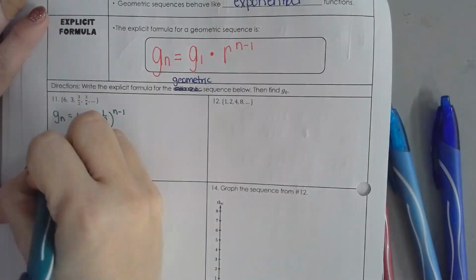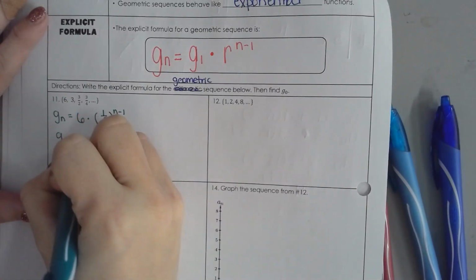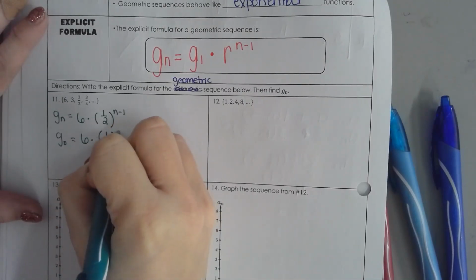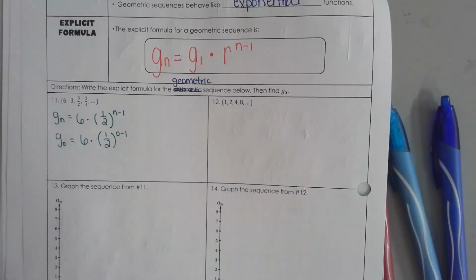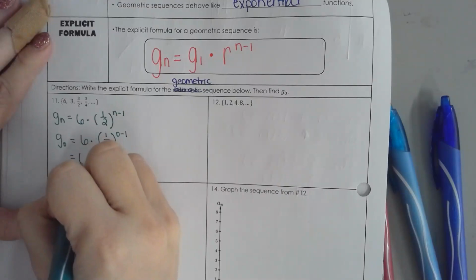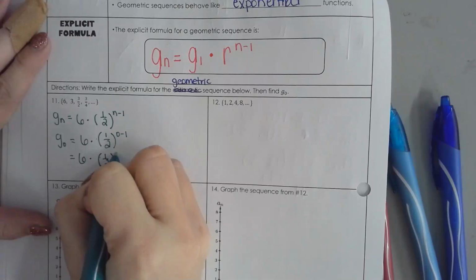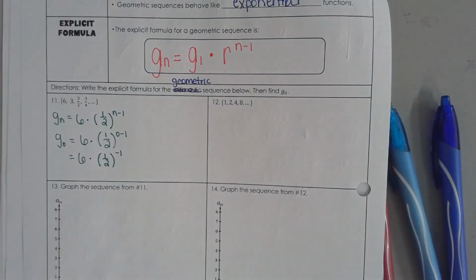And if we're finding the zero term, 1/2 to the negative first power is not negative 1/2. That negative 1 flips your fraction.